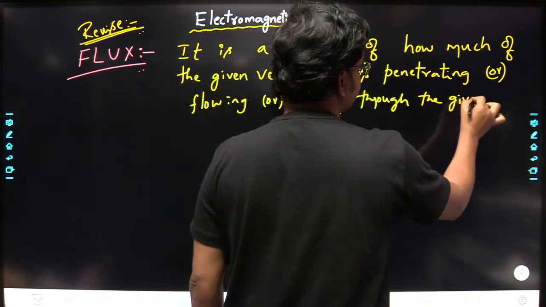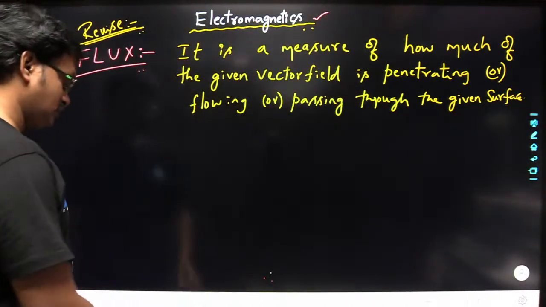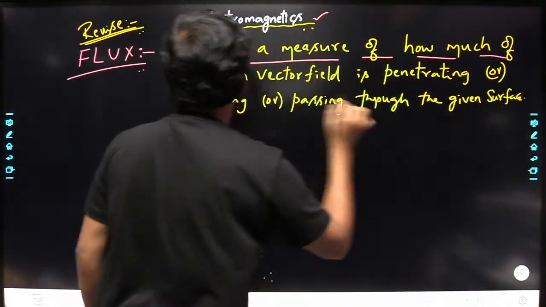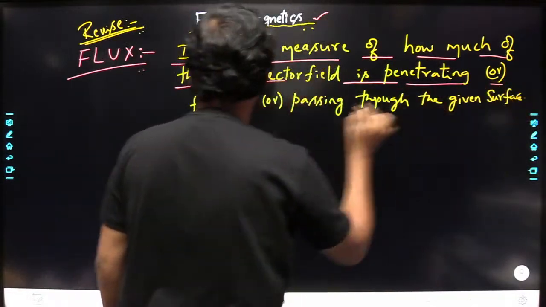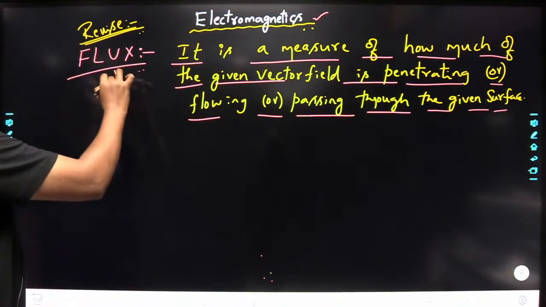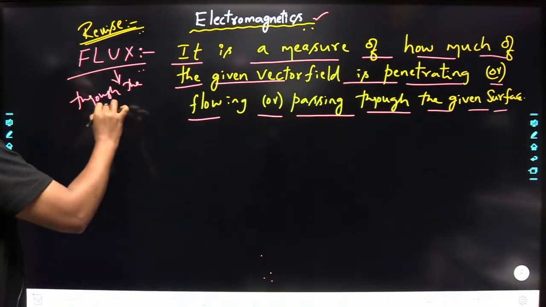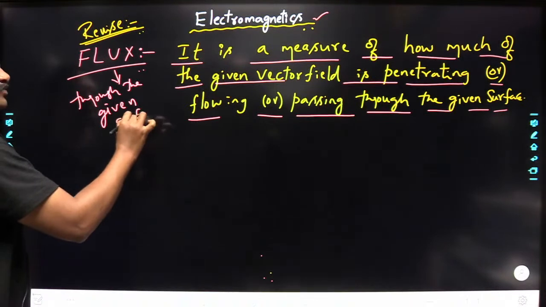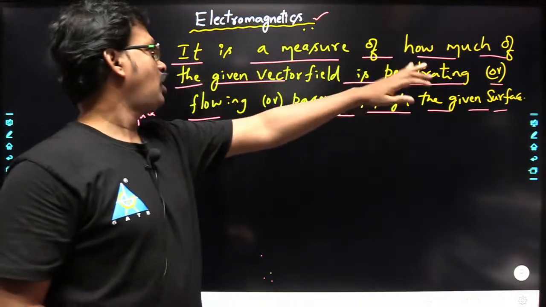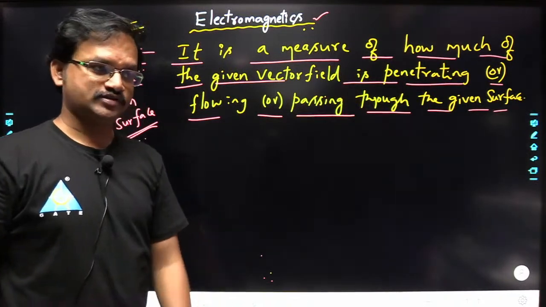So this is called the flux through the given surface. We can define the flux through the given surface in this manner. The flux through any given surface is a measure of how much of the given vector field is penetrating or flowing or passing through a given surface.